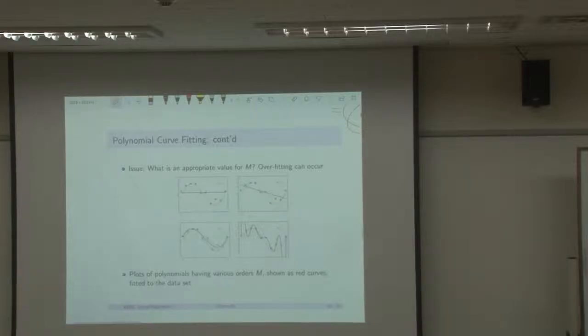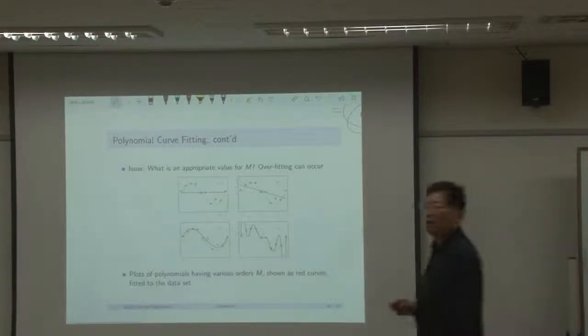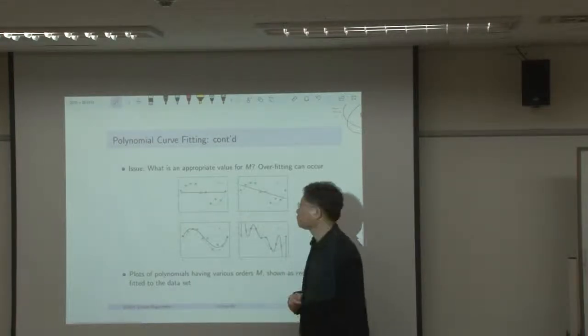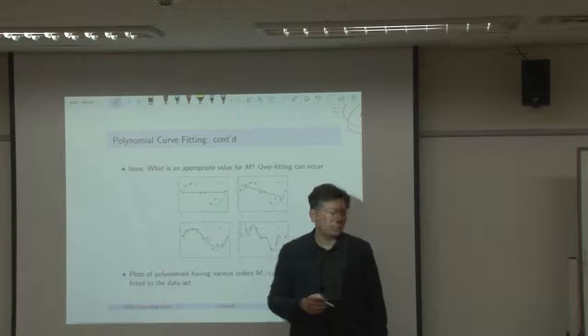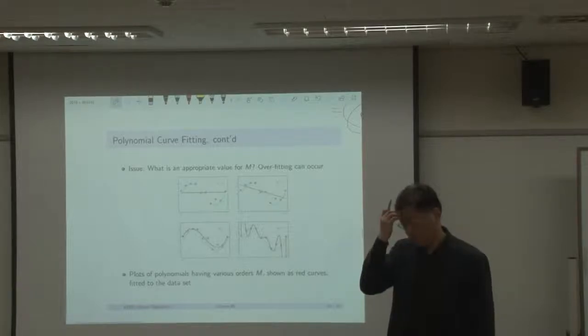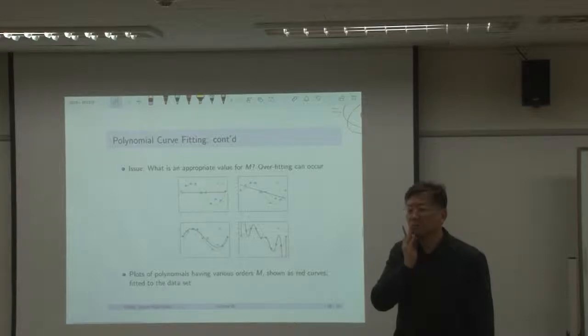So, you talked about bias and variance. You can go through this case as you increase the order. Let's talk about the bias and variance. What is the definition of bias? How our results depend on the model that we have.